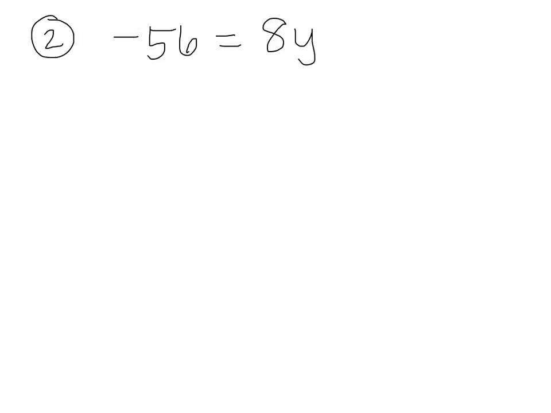Now this one says negative 56 equals 8y. I need to get y by itself. Again, you have to picture 8y as 8 times y equals negative 56. So to get y by itself, I need to divide both sides by 8. 8 divided by 8 is 1, so on this side we are left with a y.